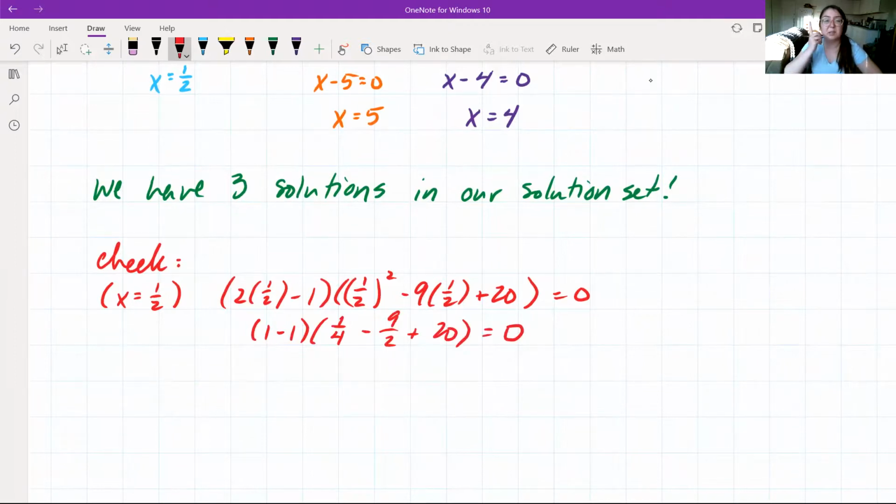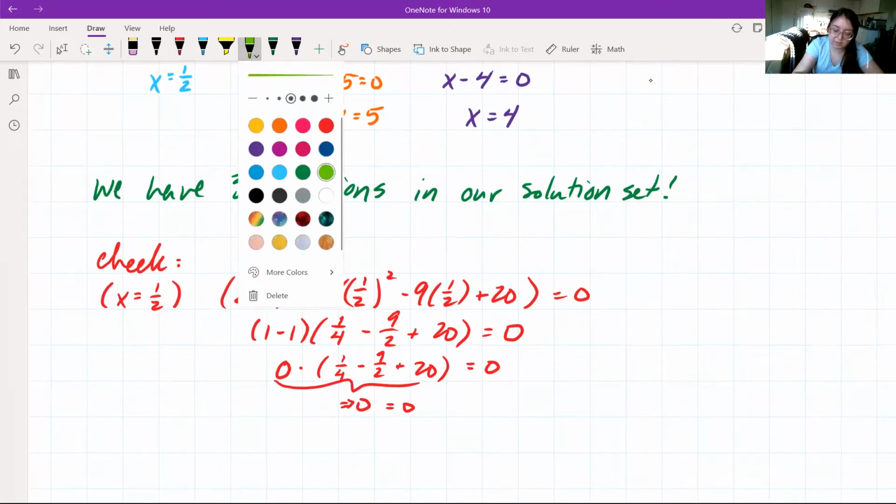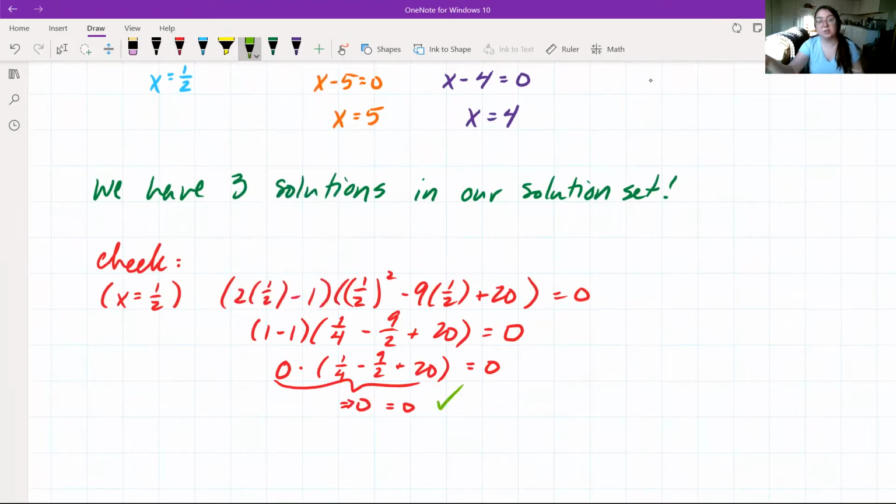This is really ugly, but our binomial is just going to be 0. So we have 0 times 1/4 minus 9/2 plus 20, which is just equal to 0. So we get 0 is equal to 0, and this solution is correct.